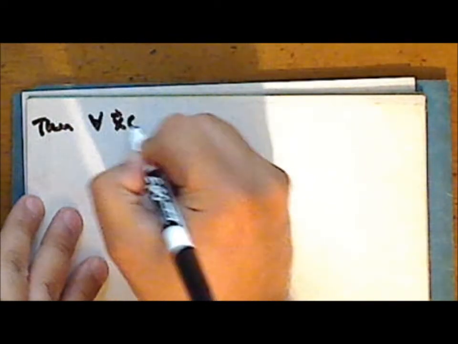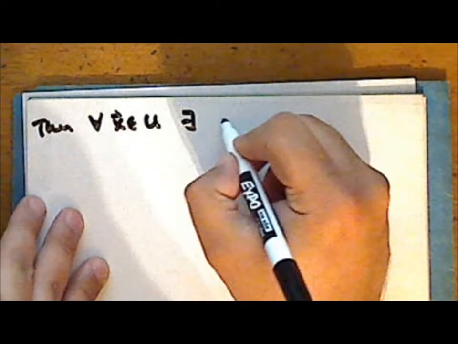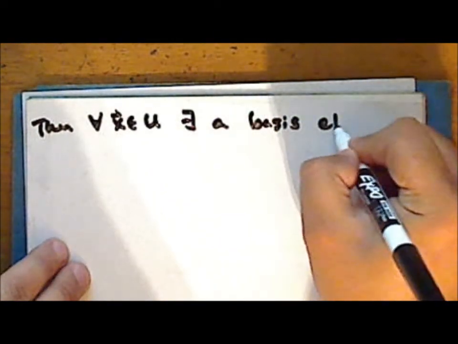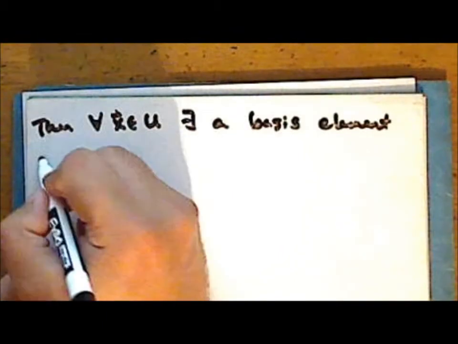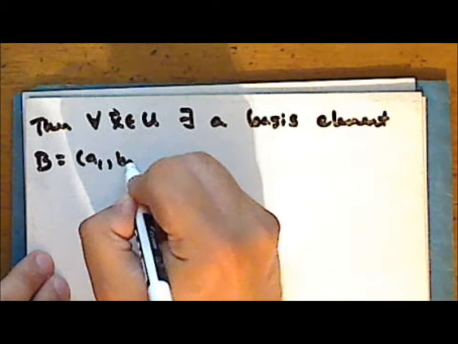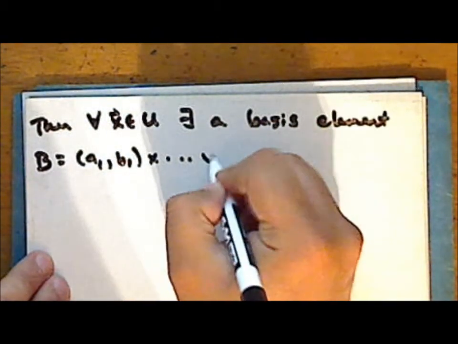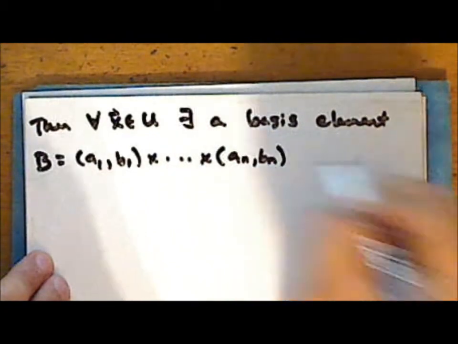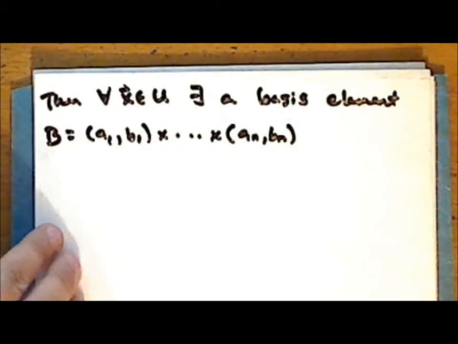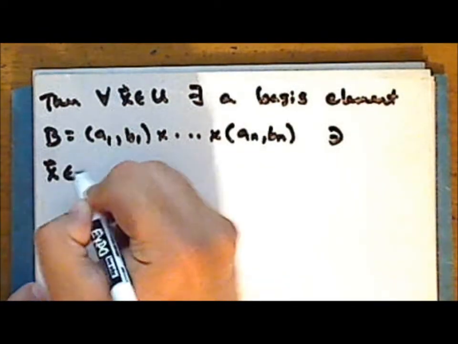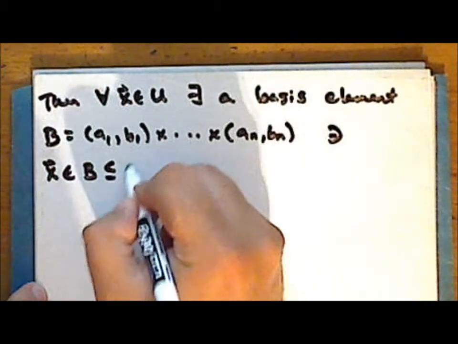Then, for every point x in the set U, there exists a basis element B, which is A sub 1, B sub 1, cross, and so on and so forth, to A sub n, B sub n. That is a finite product of open intervals, such that the point x is in this basis element, which is a subset of the set U.